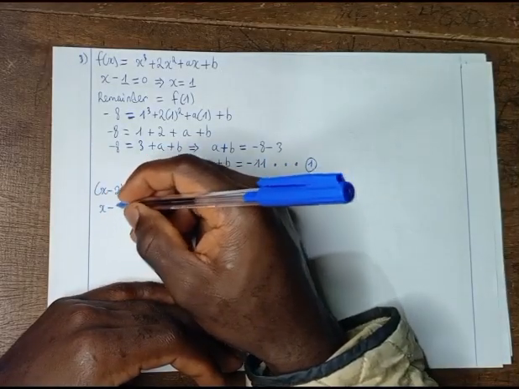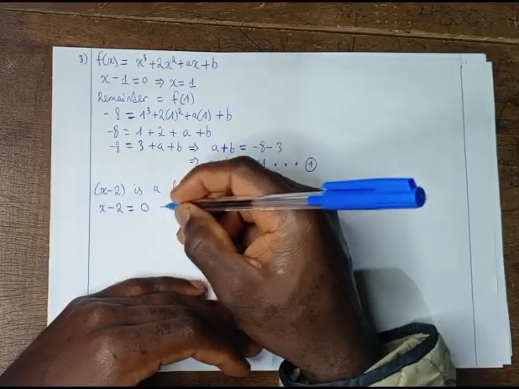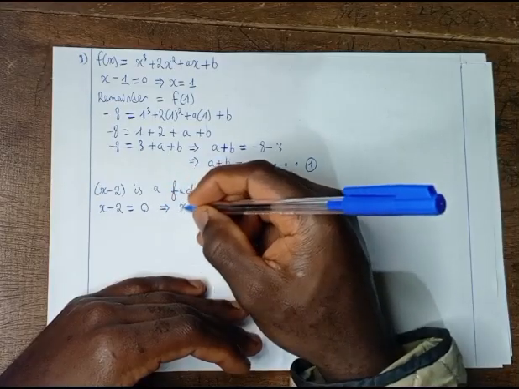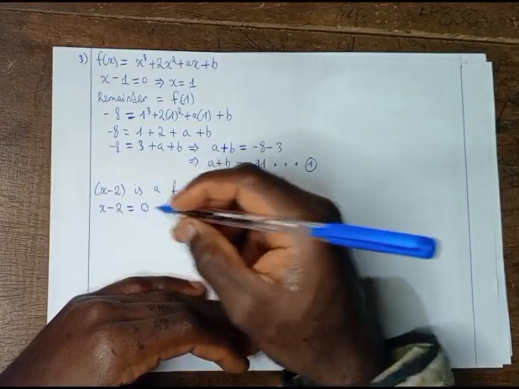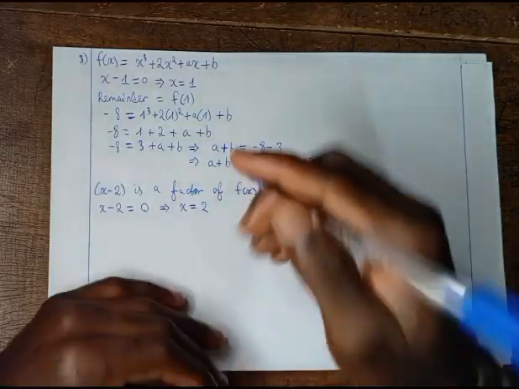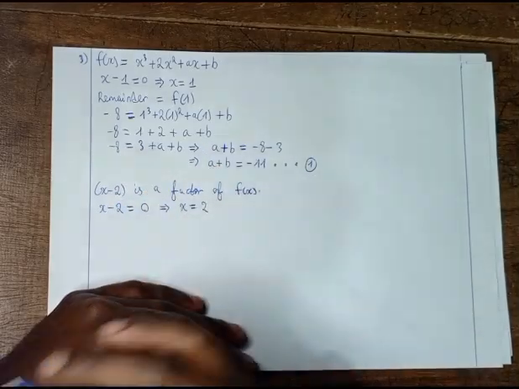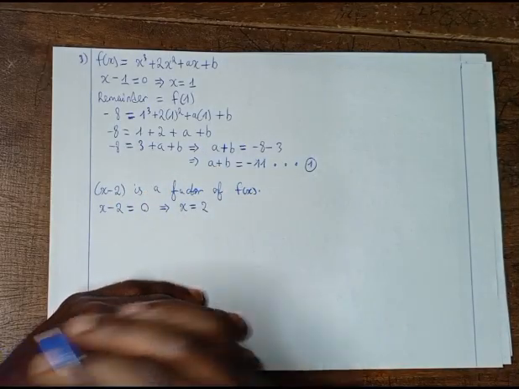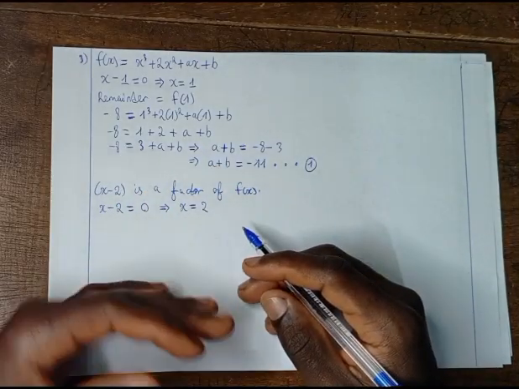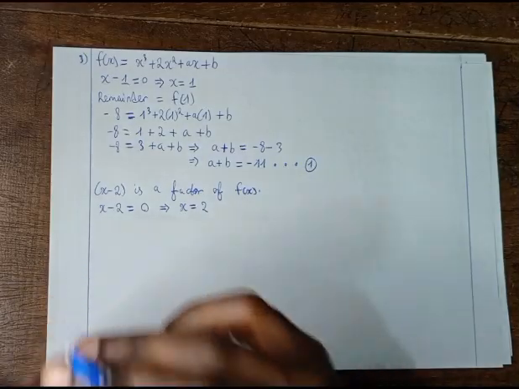We are going to equate x minus 2 to 0. Then we find the value of x. Then x will simply be equal to, we are going to transfer negative 2 to the right hand side, which becomes positive 2. Next, we have been told that x minus 2 is a factor. If x minus 2 is a factor, that means when we divide the polynomial f of x by x minus 2, the remainder should be 0.